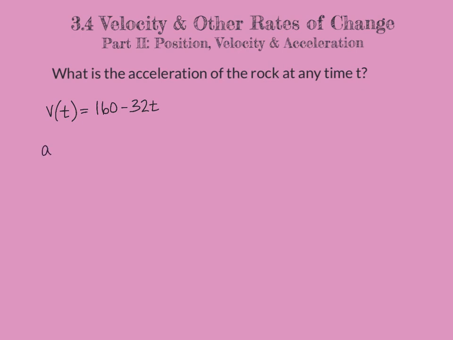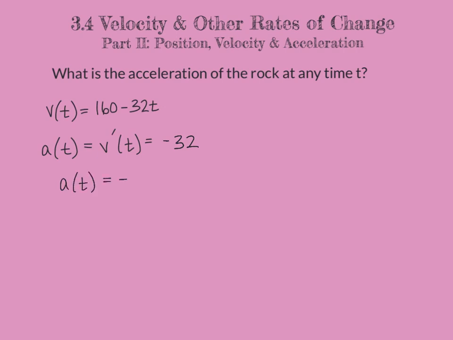So the acceleration of our rock for any time t is the first derivative of velocity. Taking the derivative of velocity, the derivative of 160 is 0, and the derivative of negative 32t is negative 32.